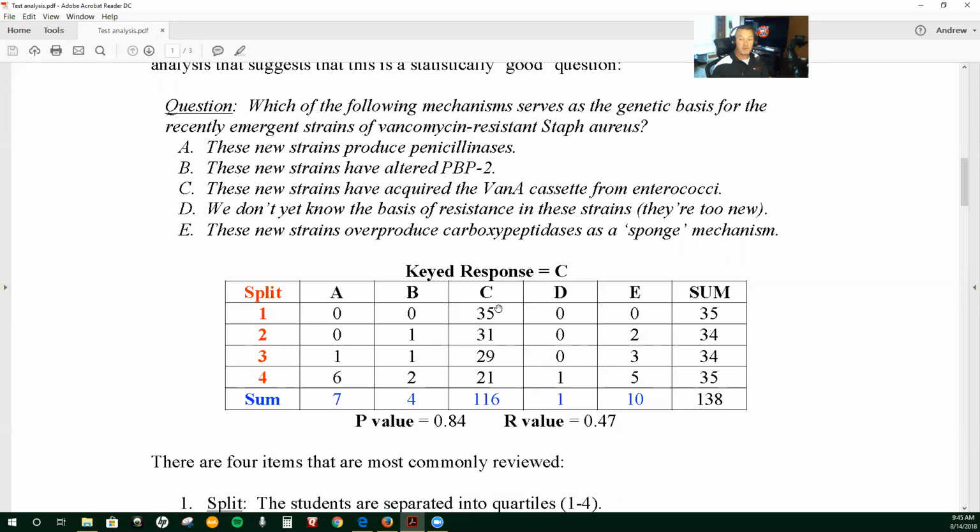The second best group, 31 of them got it right. When you come down to the third 25%, only 29 got it right. And the bottom group, only 21 got it right of the 35. This computation is going to evaluate those groups to tell you whether or not the question is discerning between those who did well in the exam and those who did not.